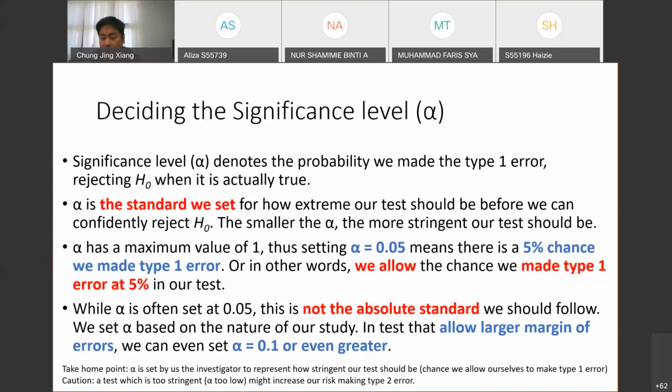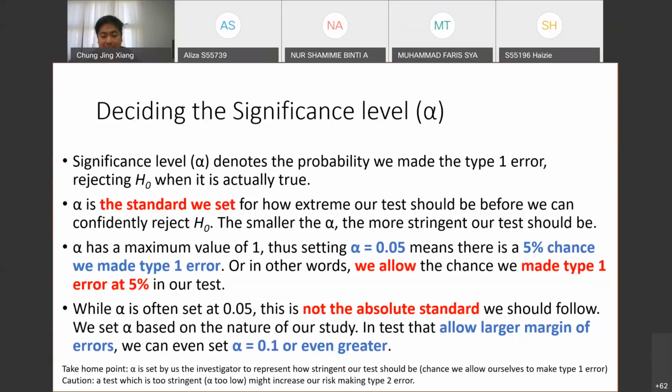You don't want a lot of people to have negative side effects from your medicine. So you want your alpha value to be as small as it can be. We don't want a 40% chance that if you take the medicine, you will die. We don't want something like that to happen. So maybe 1% or even less than 1% is okay.